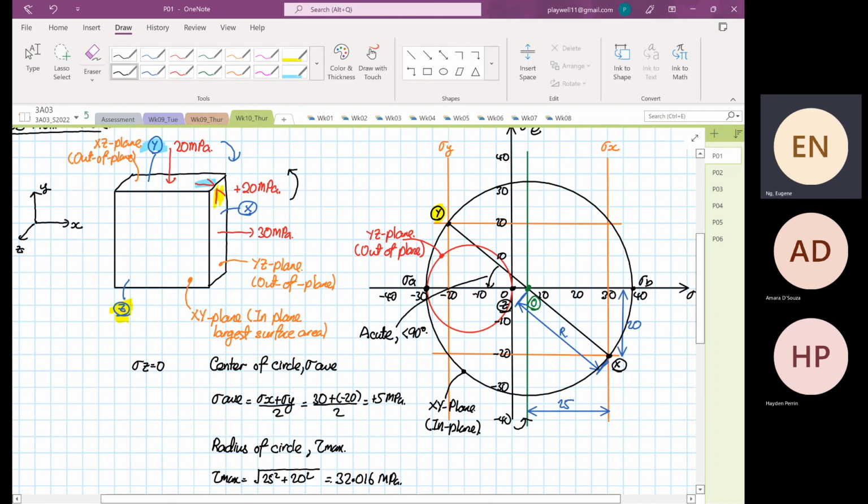Point Y to one of the principal stresses is less than 90 degrees, so we call it our YZ plane. So this circle is based on point Y and point Z.